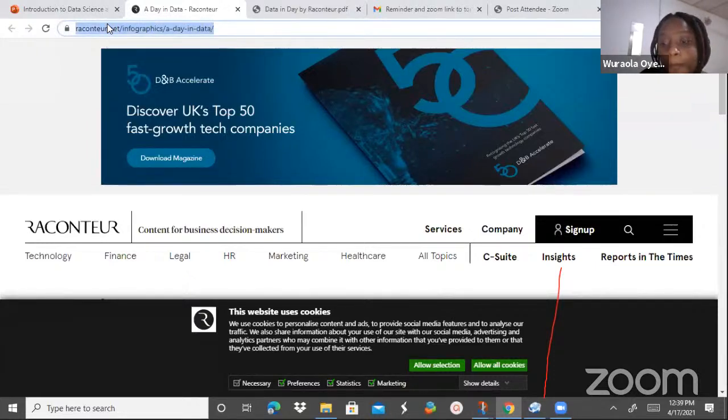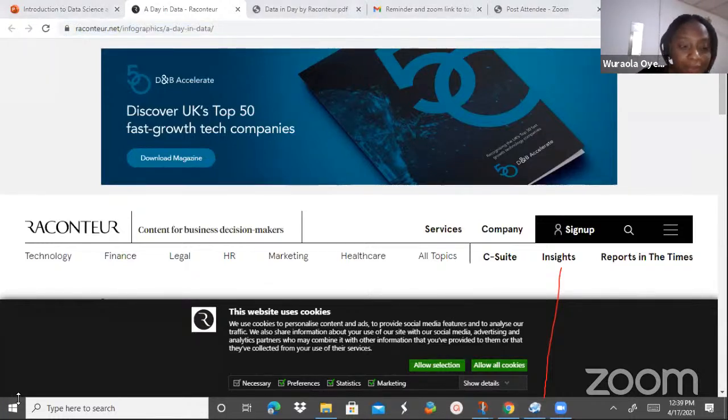The authors of these infographics attempted to share what data is. You may have a better view, so I'll put the link in the chat window.